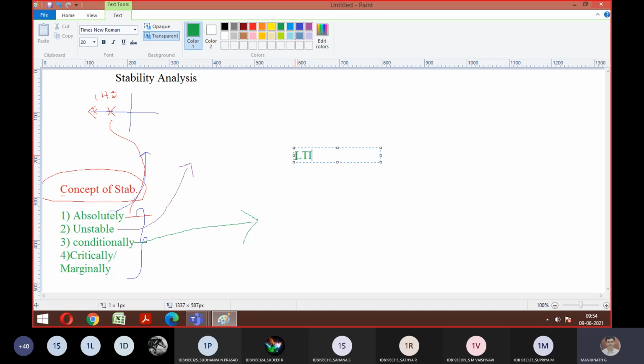So if output is bounded, in the bracket you can write stable system. If output is bounded with respect to input bound, in the bracket you can write stable system. Otherwise, the condition is violated, then output becomes unbounded.